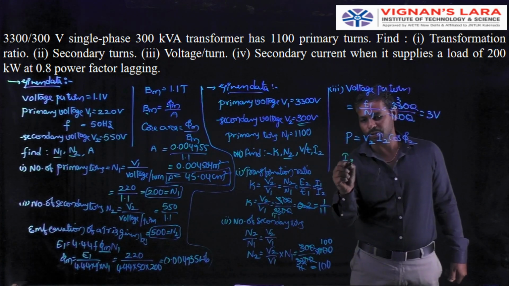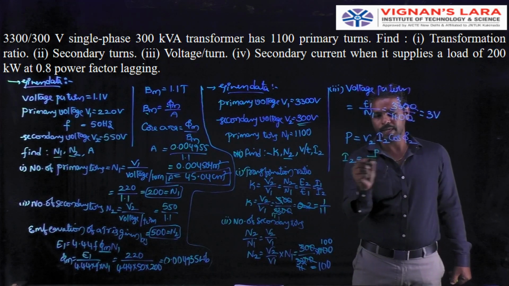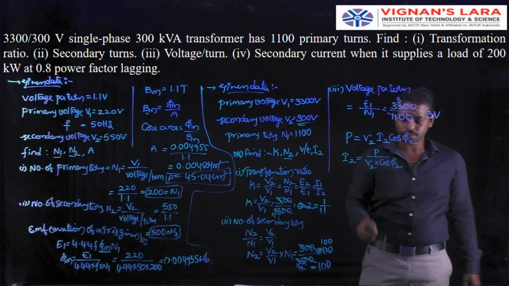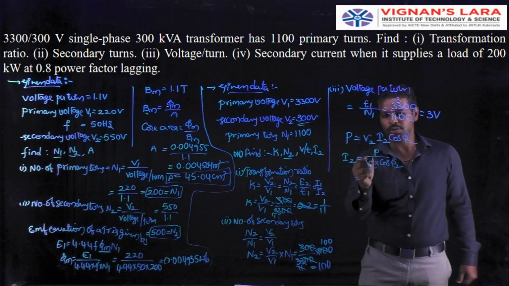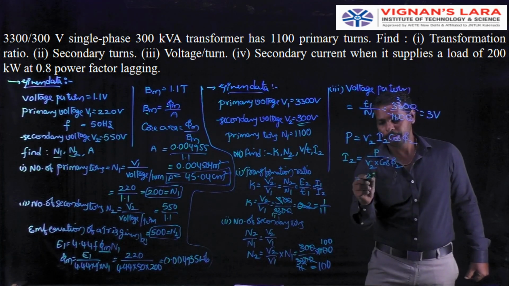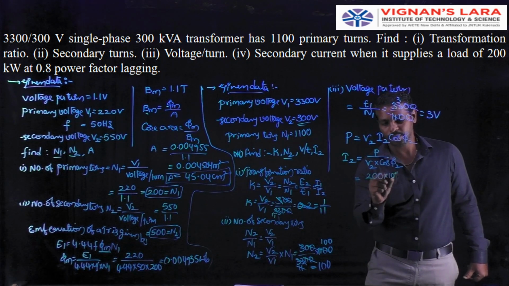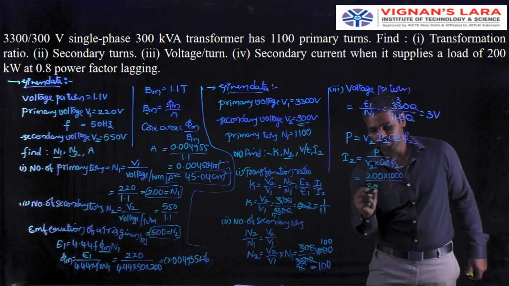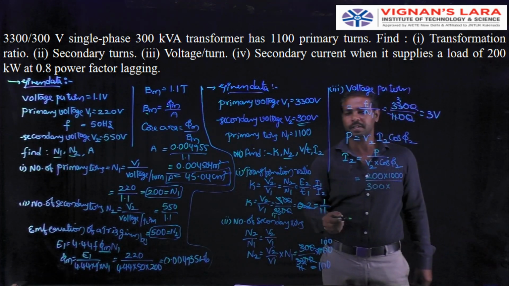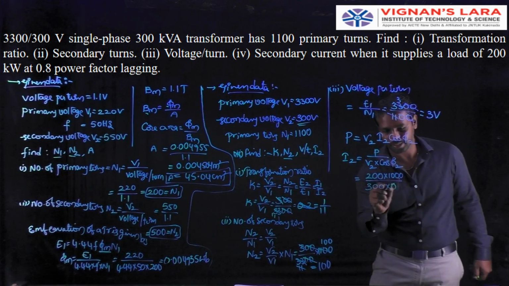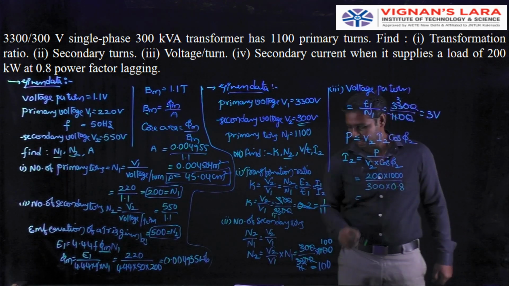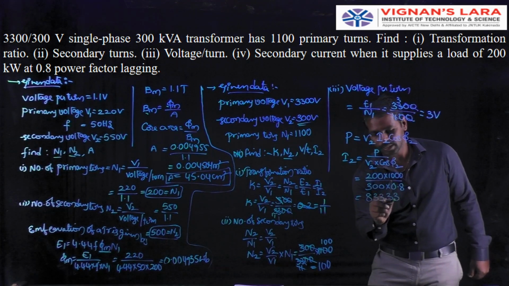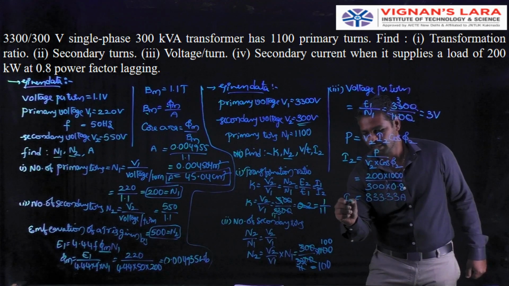I2 is equal to P divided by V2 into cos phi 2, which is 200 into 1000 divided by 300 multiplied with 0.8. So I2 is equal to 833.33 amperes. This is the secondary current.